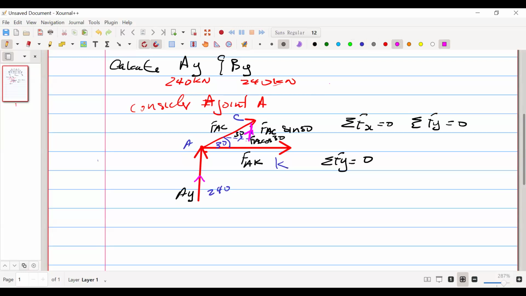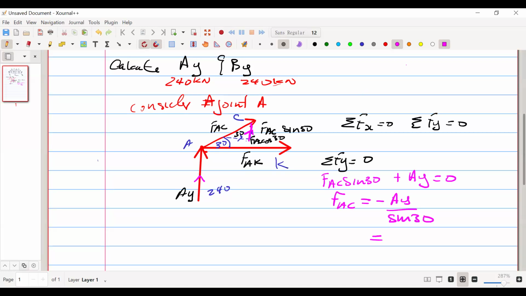So I could say now that FAC sine 30 plus AY equal to 0. And from that, I know AY already. So I need to find FAC, which is going to be equal to minus AY divided by sine 30.